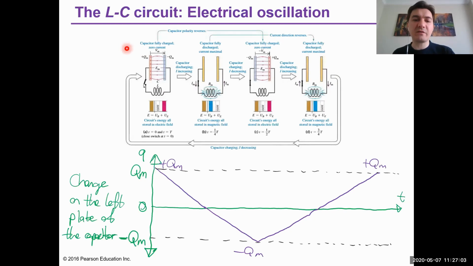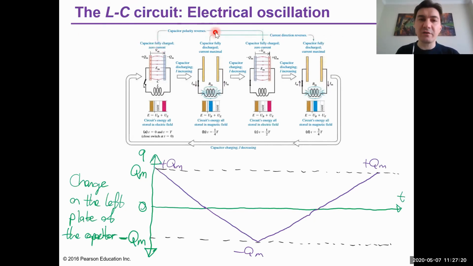So this is also oscillating, okay? The current is oscillating by time, and charge is also oscillating by time. So this is called electrical oscillation in LC circuits.